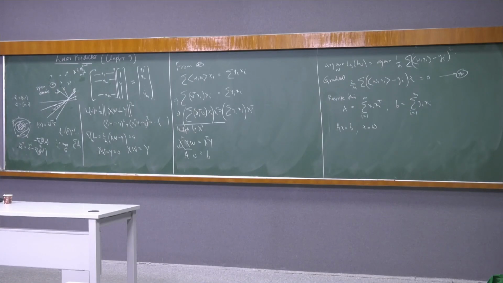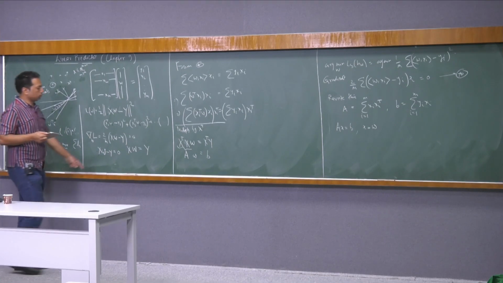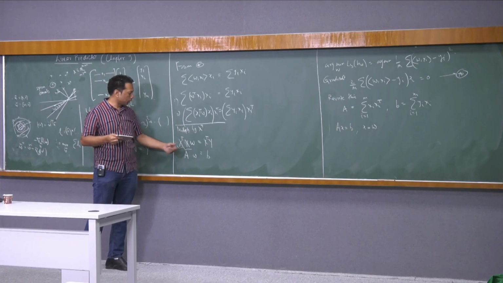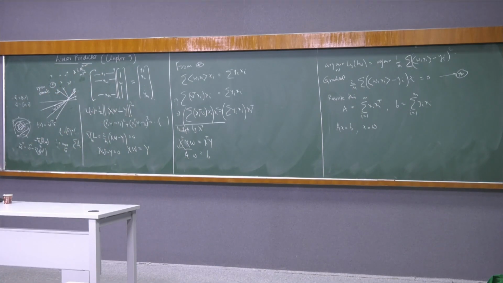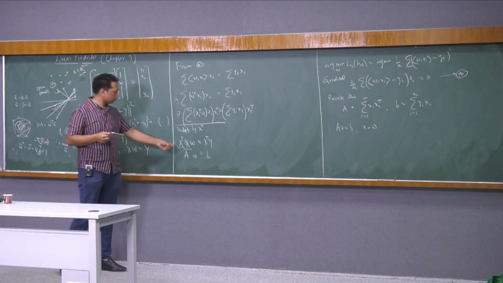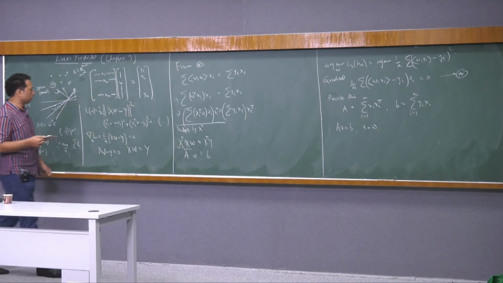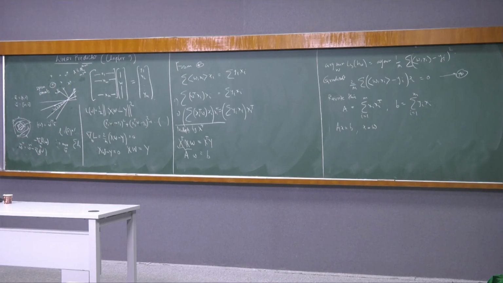And if you are unlucky, and it's not full rank, then you have to go for various other cases where you can have infinitely many solutions, or you may have no solutions. In those cases, you may have to go for some best possible approximation.